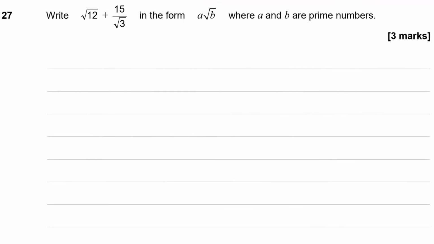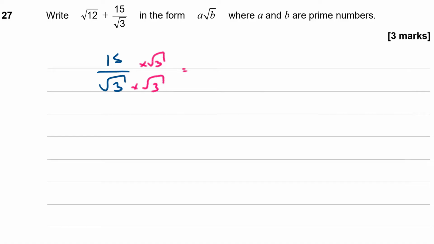Right, root 12 plus 15 over root 3 in the form a root b, where a and b are prime numbers. Okay. So let's see if we can rationalize that second part of the fraction first. 15 over root 3, multiplying top and bottom by root 3.